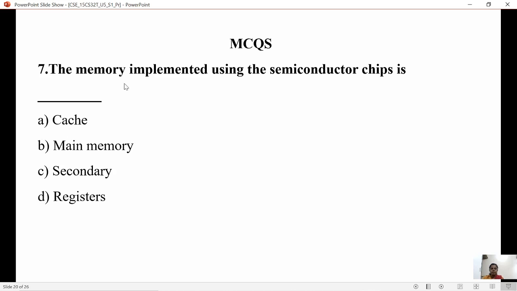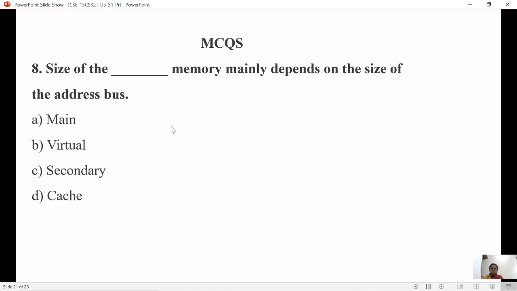The next question. The memory implemented using the semiconductor chip is dash. Options: cache, main memory, secondary, and register. The solution is main memory, because the main memory is made up of semiconductor materials. Next question.